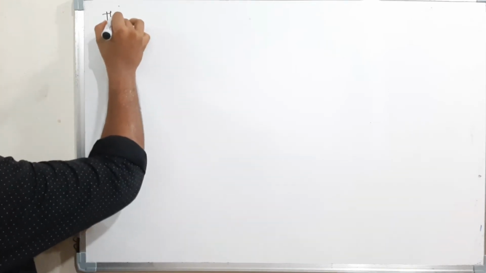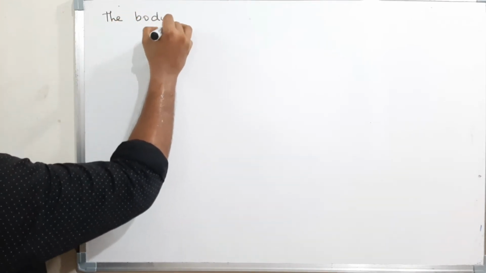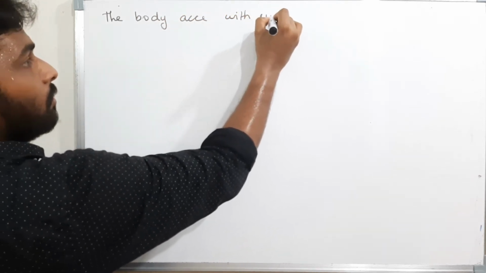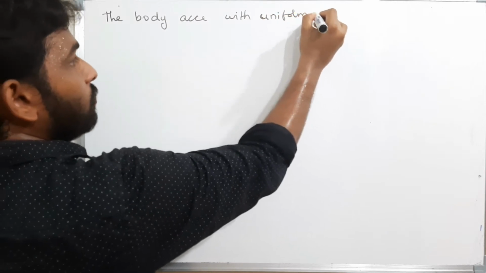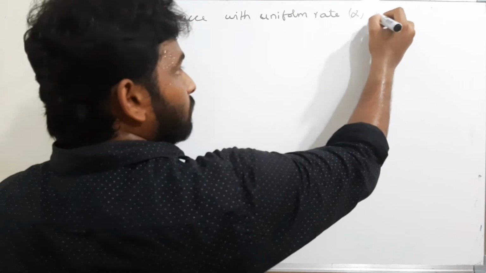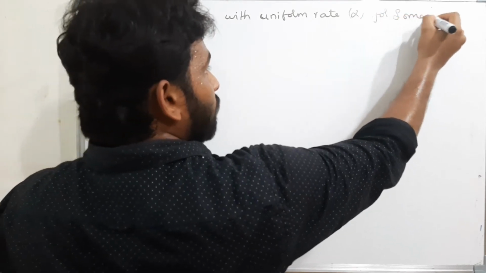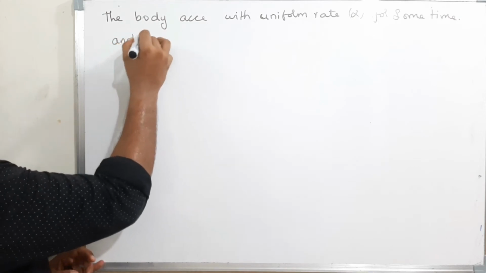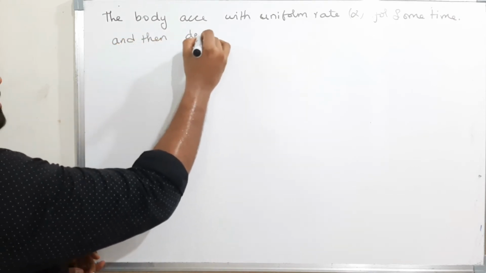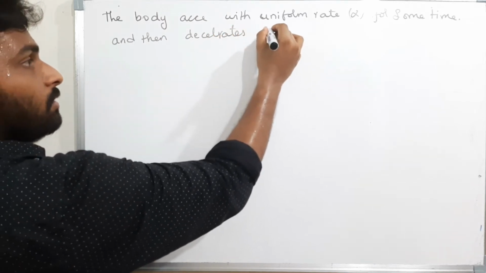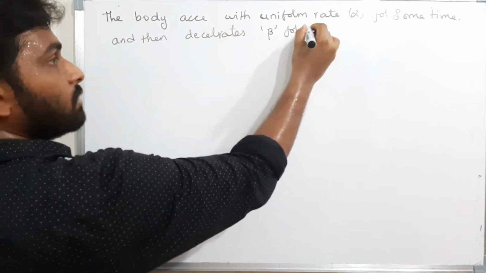Okay, now we'll see the next problem here. The body accelerates with a uniform rate alpha for some time, and then decelerates with a rate beta for some time.